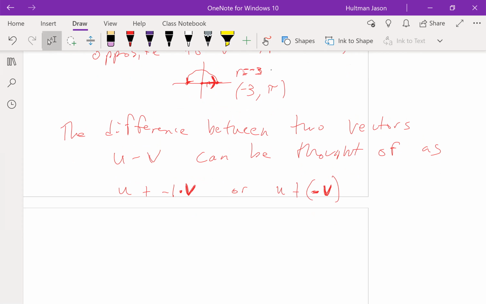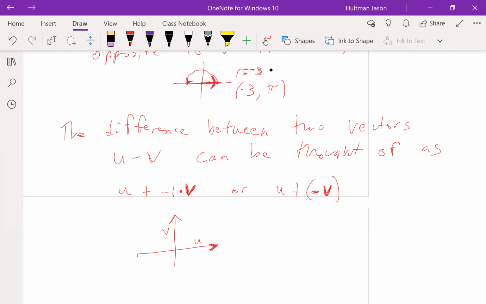Okay, so let's think about this for a second. If I have vector v here, and I have vector u here, then how would I get u minus v? Well, I can't go positive v.